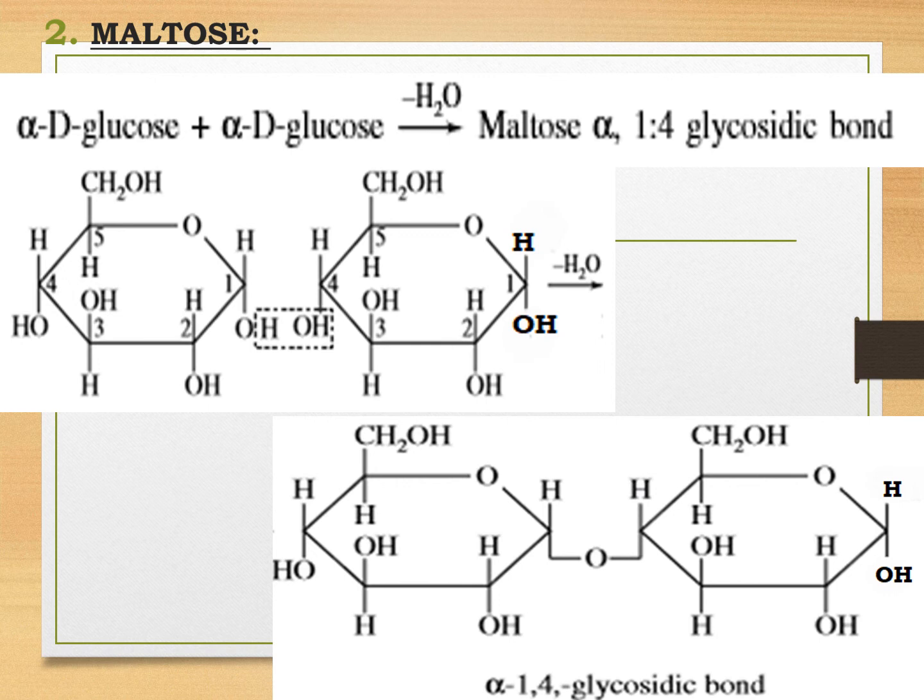So this maltose has a free hydroxyl group, and that is why it is a reducing sugar. As at the 1st and 4th carbon you have a glycosidic bond, that is why it is called an alpha 1,4 glycosidic bond or glycosidic linkage.